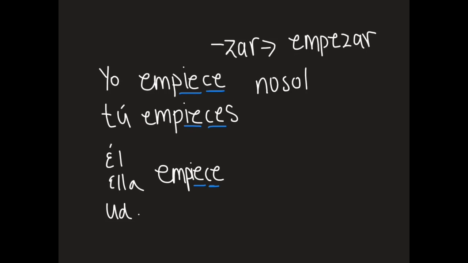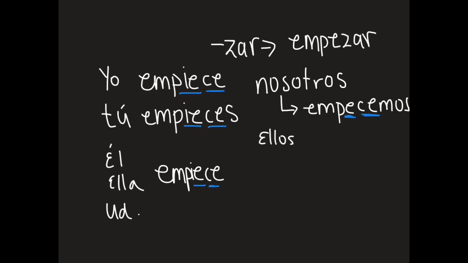Now, because this is an AR ending verb, there's no stem change in nosotros. So it will be empecemos, but there is a spelling change from zeta to c. And then ellos, ellas, ustedes goes back to the pattern of stem change and zeta to c.